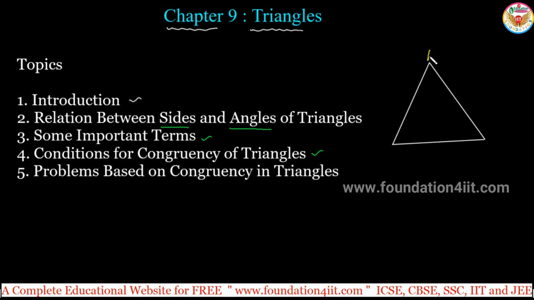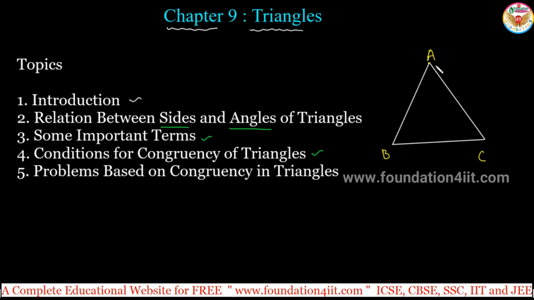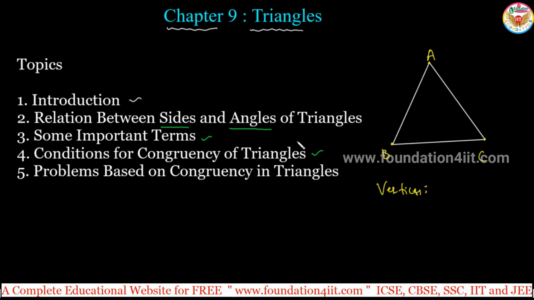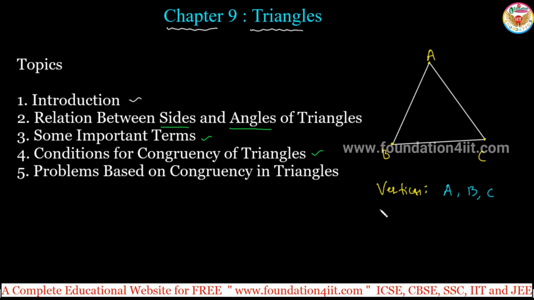So let's take A, B, C. Here is the point A. These two line segments are joining at one corner, which is the vertex A, and then B and C. So here are the vertices. The vertices are A, B, C.